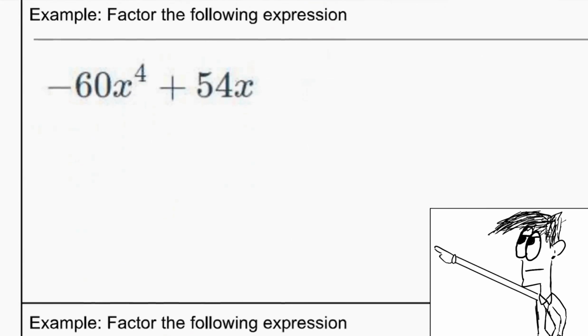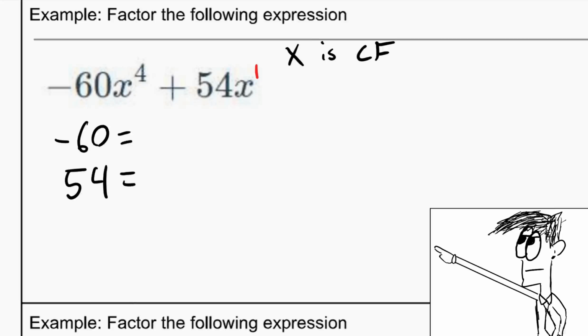Here I have x to the power of 1 and then x to the power of 4. So I know that part of my common factor is going to be x. X is a common factor. Let's take these numbers out front and see if we can find a common factor for both of these. 54 is a special number.